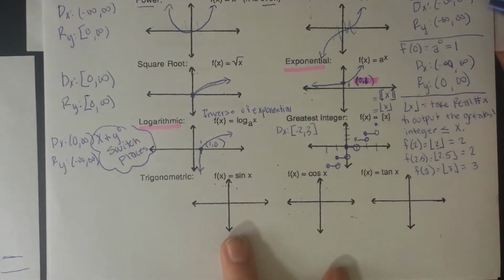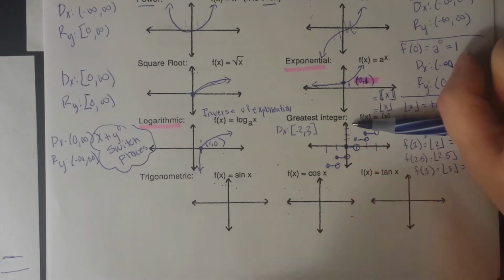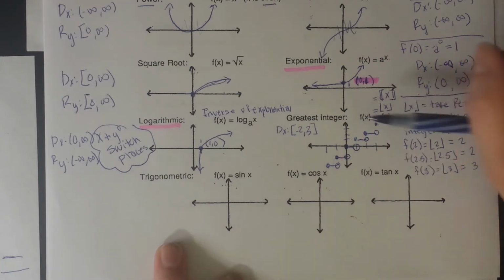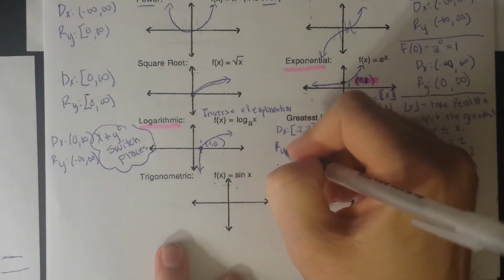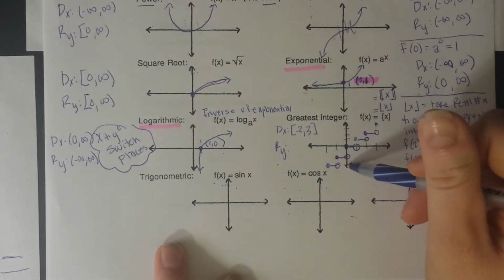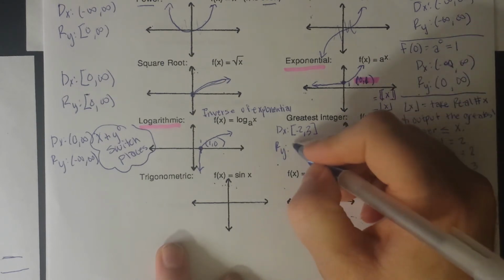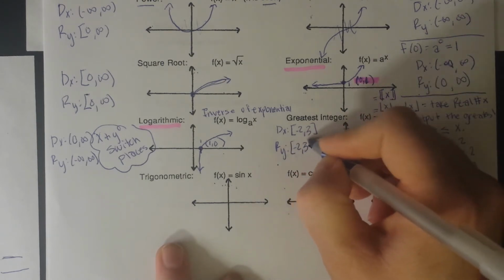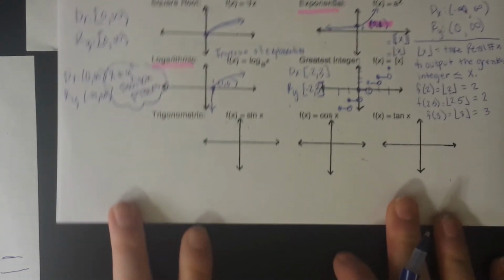Just be careful. Sometimes you leave it without that last beginning of the step, and it would be an open interval. So just make sure you're aware of what the last point is, if it's open or closed. R sub y, there are points down at -2 all the way up to +3, close brackets.